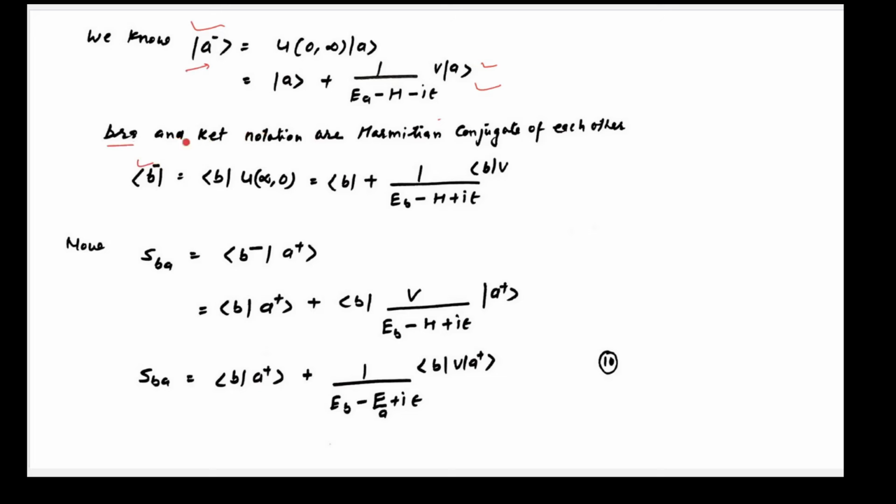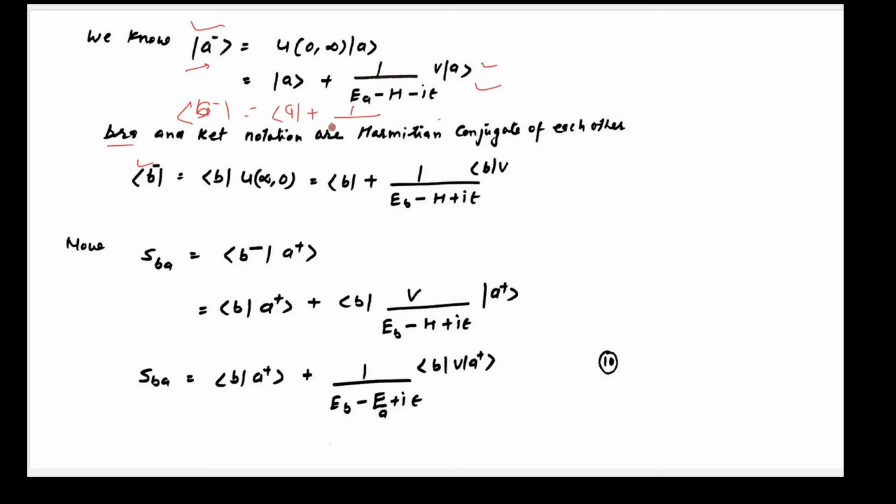So we know bra and ket notation are Hermitian conjugates of each other. So we will find out A minus in bra form. It is equal to A plus with this factor, with iota replaced by minus iota.